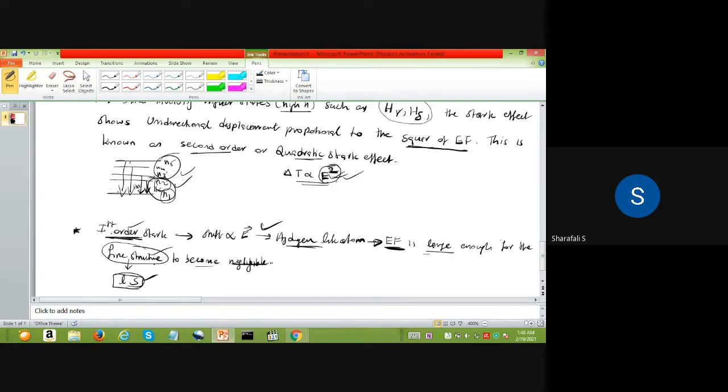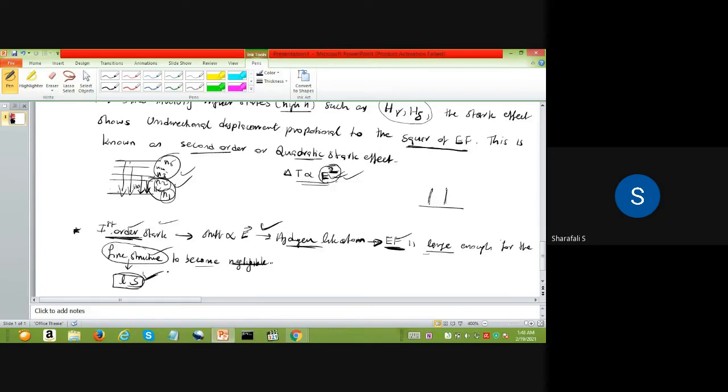In such cases, we can observe this first order Stark effect, which means that the shift will be very large. The shift will be very large in this particular case.